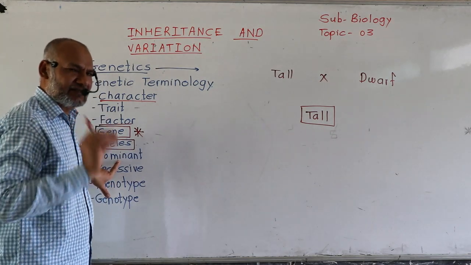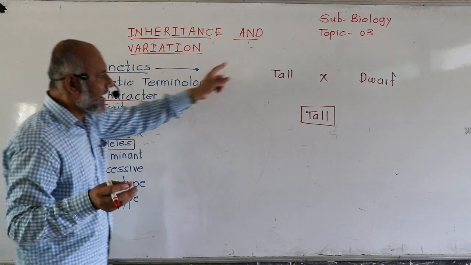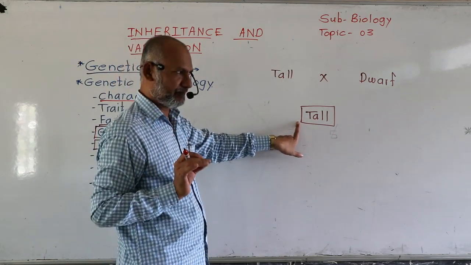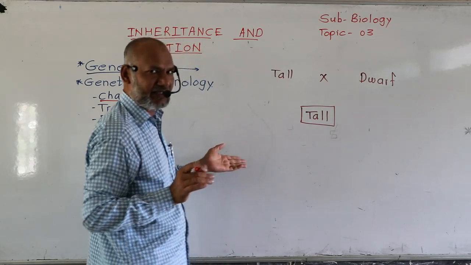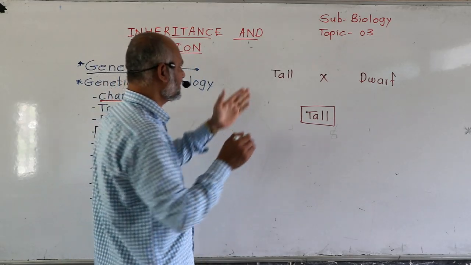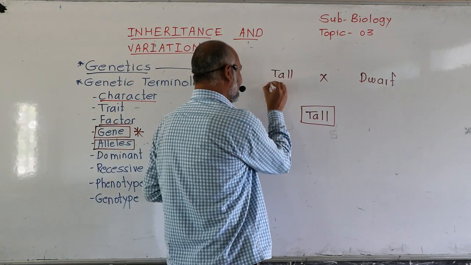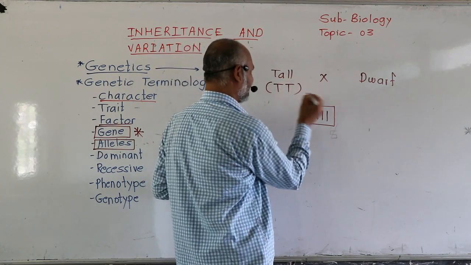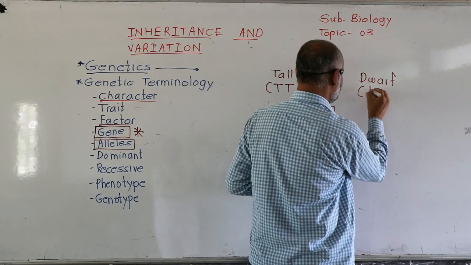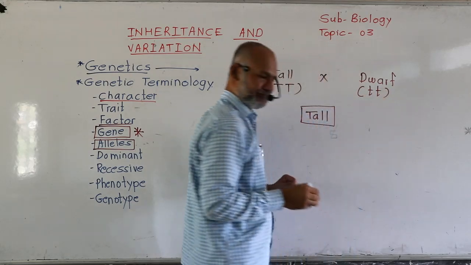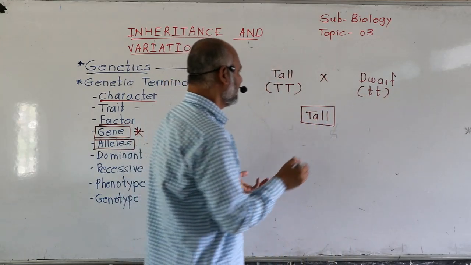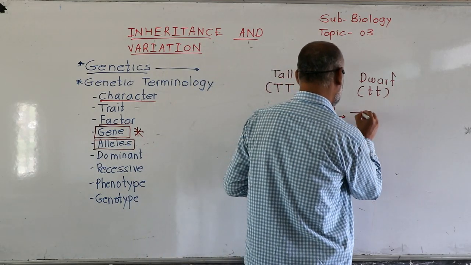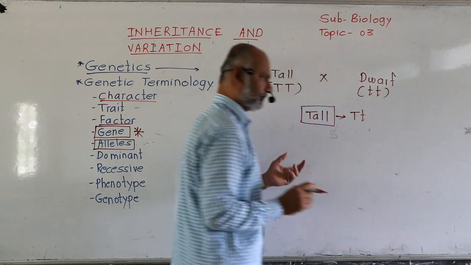Dominant is the character which appears in the F1 generation. Or it can be defined in another way. Suppose the tallness character is controlled by capital T, and dwarfness by small t. In the F1 generation, the genotype of these plants is capital T and small t.